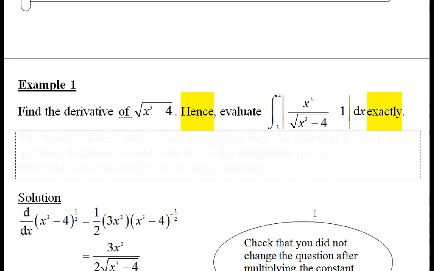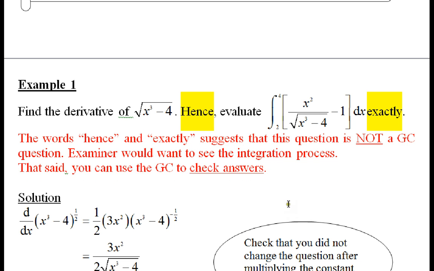It can't just be one line and then 3SF done. All I said just now are in words here. Not a GC question. We want to see the integration process. Important.